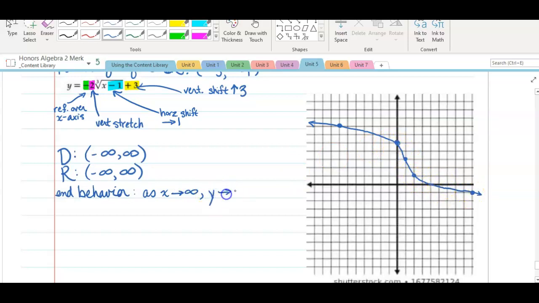Y is approaching negative infinity. As x goes to the left, as I move along the graph towards negative infinity, I'm getting higher and higher and higher on y. Y is approaching positive infinity. And my point of inflection is going to be the point 1, 3.